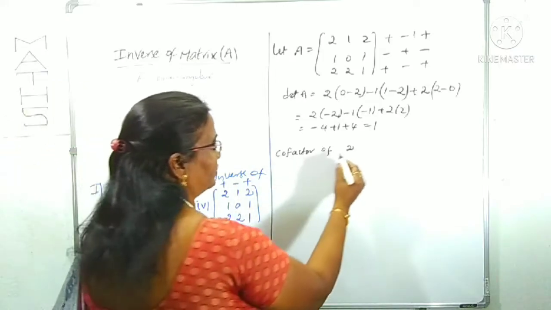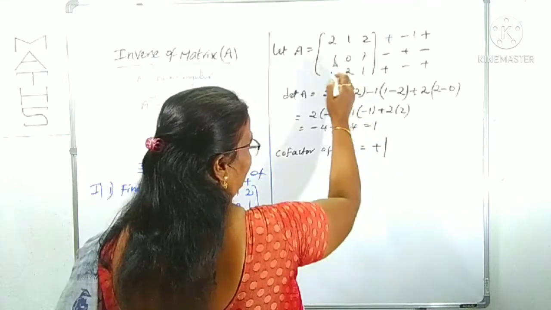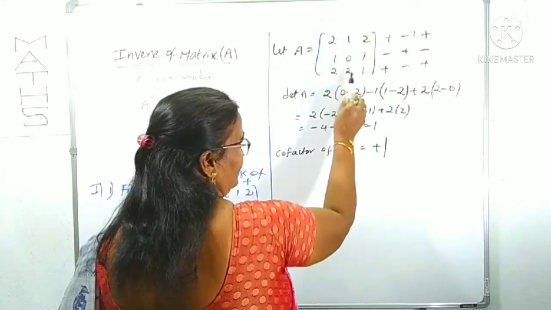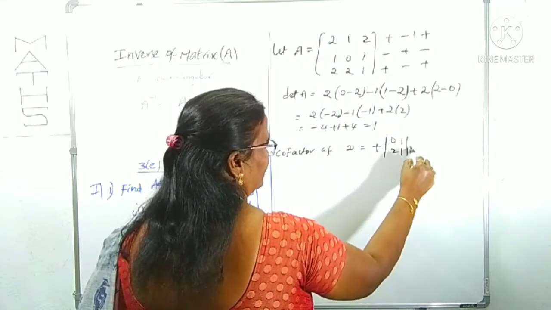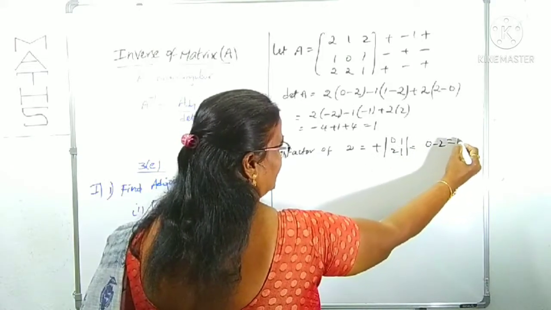So for the cofactor of 2, for this 2 we can use a plus sign. Plus of det of, you know, 2 is available in the first row and the first column. After closing these, what is left over? 0, 1, 2, 1. Its determinant: 0 into 1 is 0, with the minus 2 is minus 2.